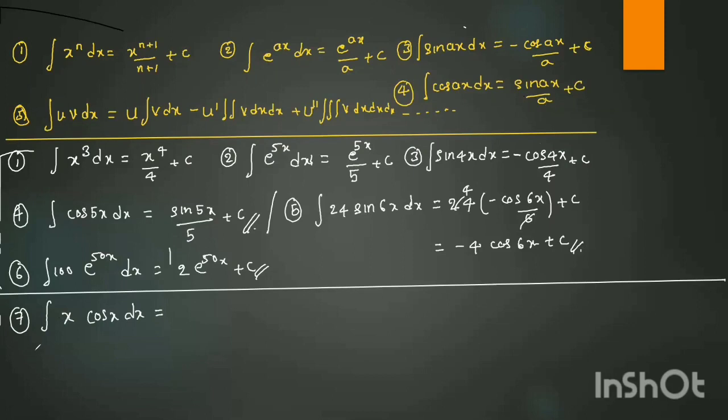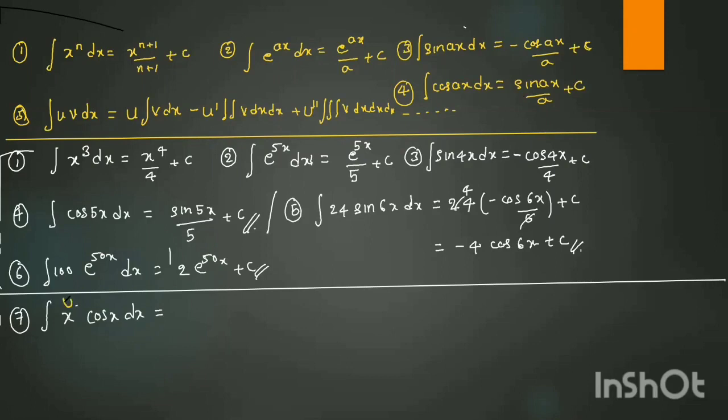Now look at this problem properly. Cos x is a function. X is also a function. If it is a constant, we have to keep it as it is. But it is not a constant now. So what do we have to do?